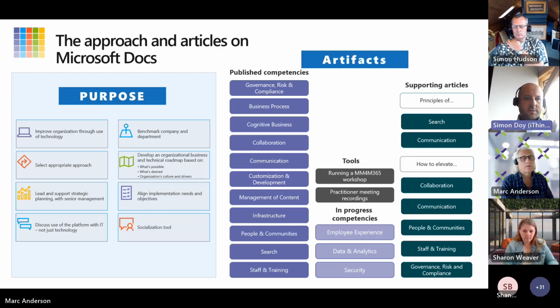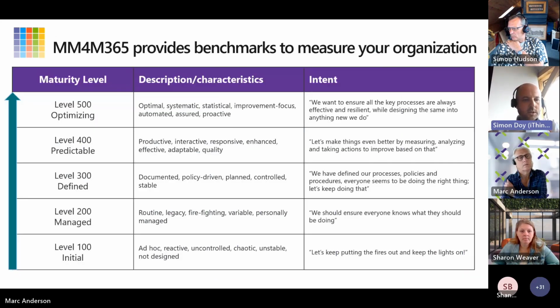So moving to the slide with the maturity levels. The maturity model has 5 different levels, starting at level 100 to level 500, which is kind of the nirvana. Level 100 is that initial default state. That is generally the state if you've done nothing around that competency.